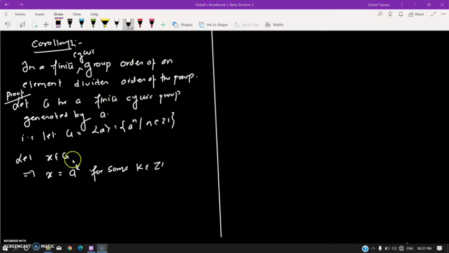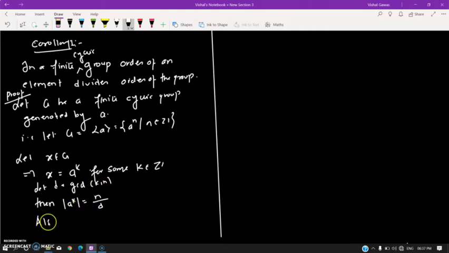So let me take an element x in G. Therefore, since it's generated by a, it must be some power a raised to k, right? Let d be equal to the GCD of k and n. Then we know that the order of a raised to k is nothing but n over d. This is what we know.